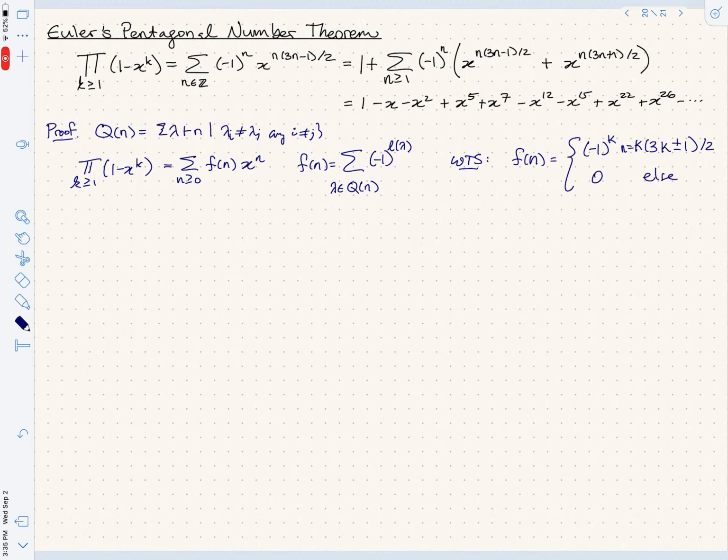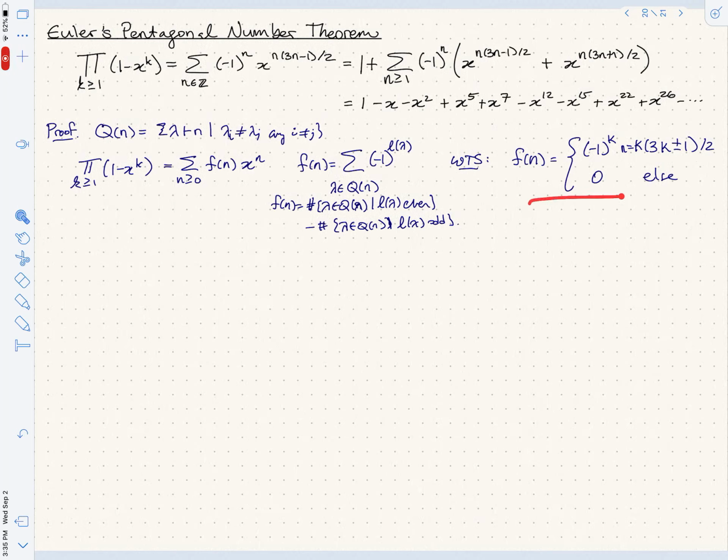So that's what we're trying to show. That's kind of a bizarre thing. So we have this combinatorial interpretation of f(n). Maybe another way to write it is f of n is equal to the number of partitions lambda in Q of n such that the length of lambda is even, minus the number of lambda in Q of n such that the length of lambda is odd.